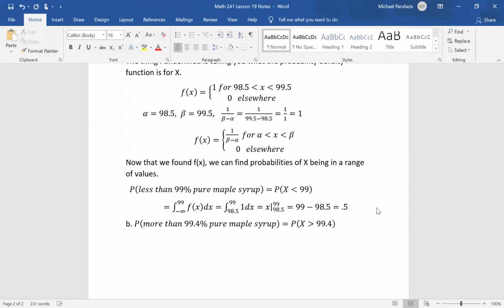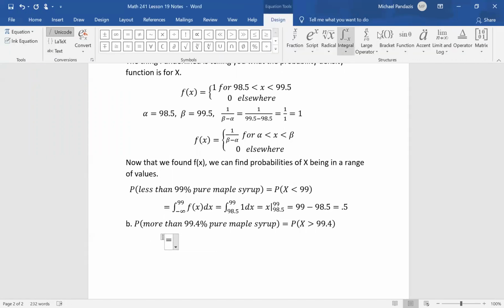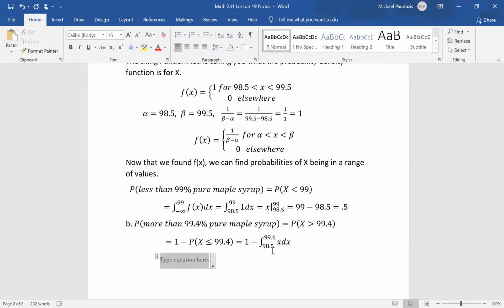Okay, and so that is equal to, actually, this is 1 minus the probability of capital X being less than or equal to 99.4. This is equal to 1 minus the definite integral from 98.5 to 99.4 of your PDF, which is 1, dx.